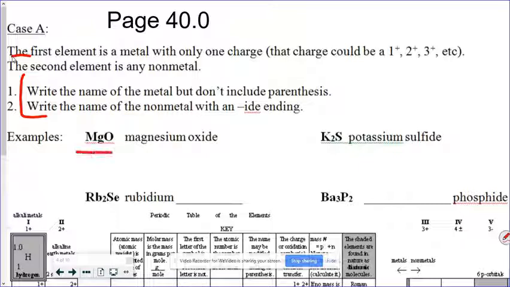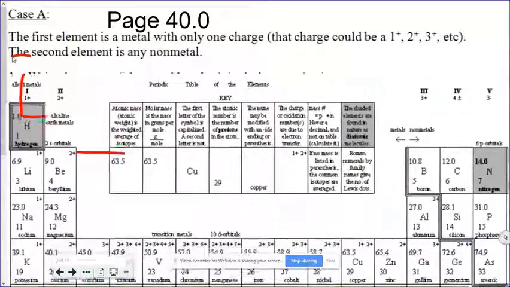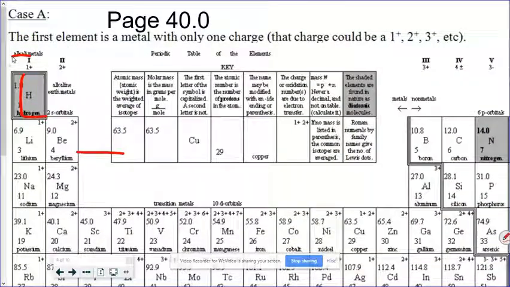So here we did one, magnesium. On our periodic table, move that periodic table up here. Magnesium is right here. It's only got one charge. We find oxygen, which is actually cut off our periodic table. It's over on the right-hand side.